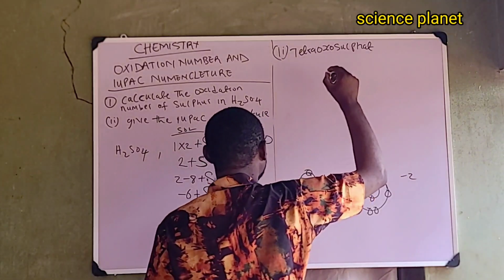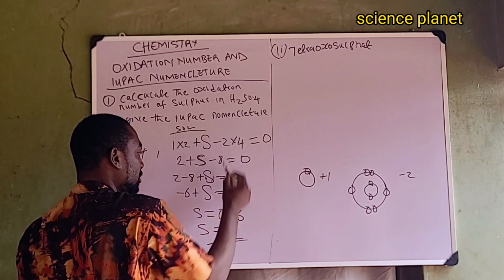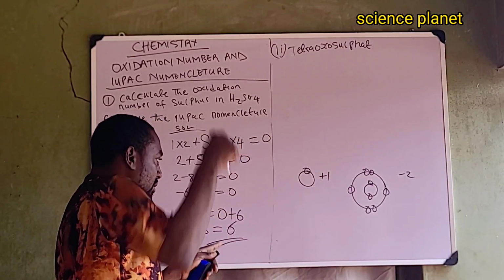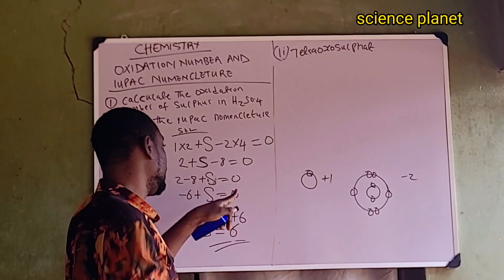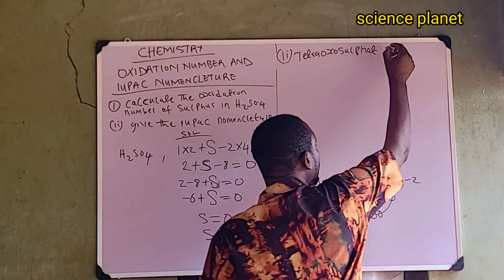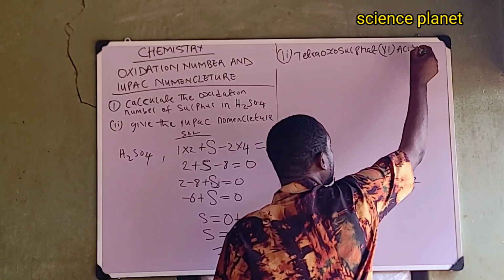Sulfate what? Because the oxidation number of sulfur here is 6. Tetraoxosulfate 6. And we write it with the Roman numeral, sulfate 6 acid.